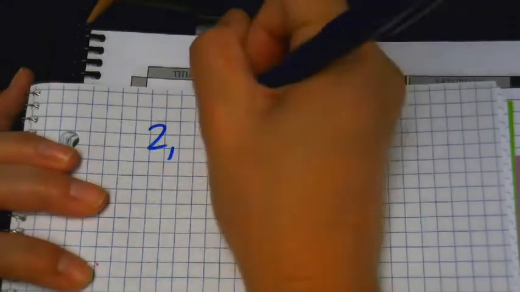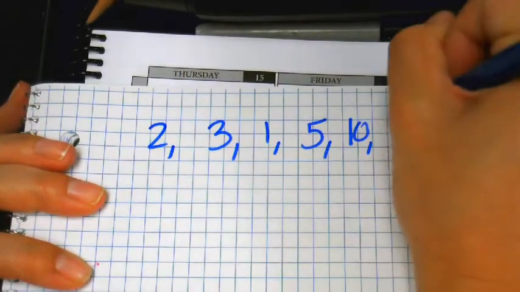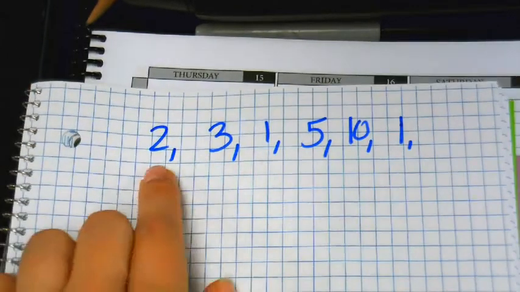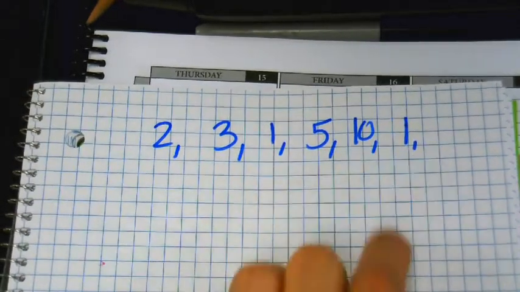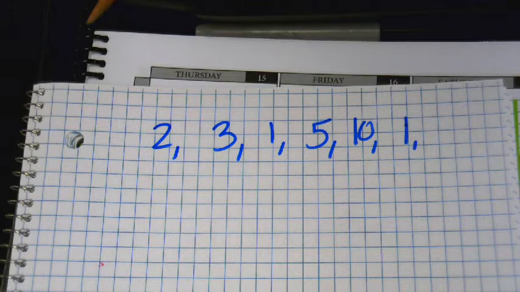For example, 2, 3, 1, 5, 10, and 1. All right.